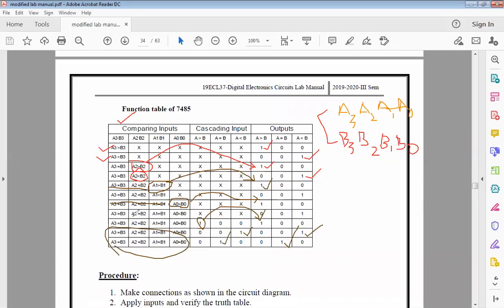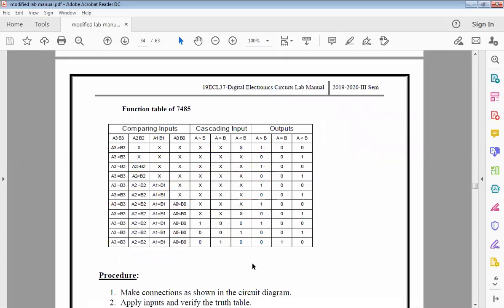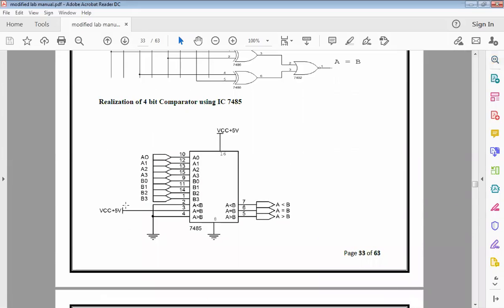Now, what is actually happening here? We should go back to our circuit, our IC, and understand it. For these three cases, when all are equal, whichever gets the high value is the cascaded value.